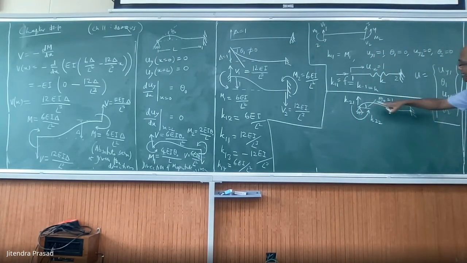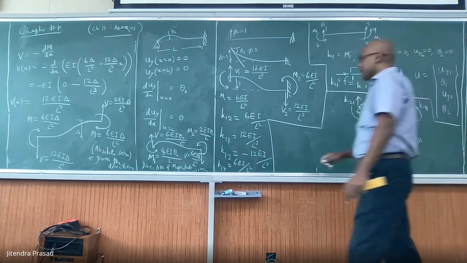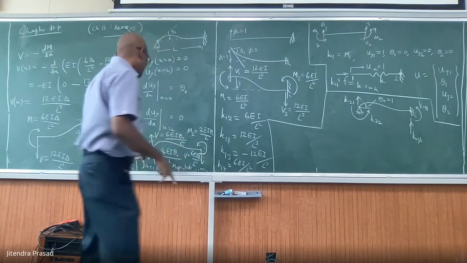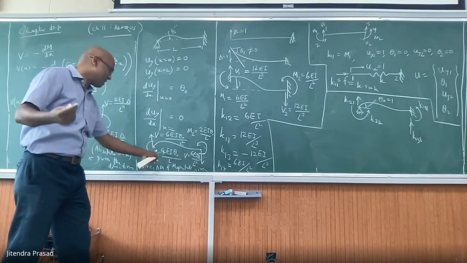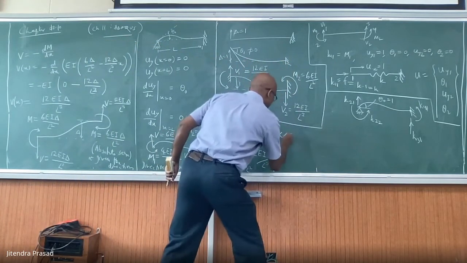Similarly, this K21, this is K31, and this is K. Now you match with this, with theta equal to 1, you get the value. What is the first one? EI theta not equal to 1 over L, or EI over L. So K11, you get here.